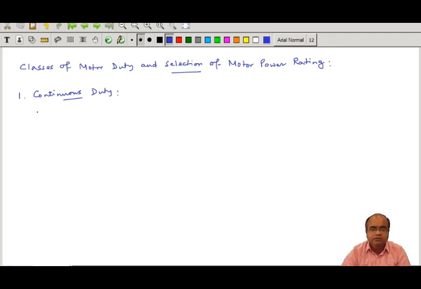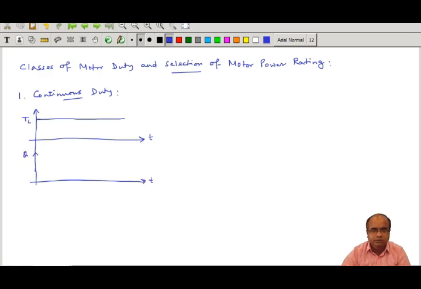That is, if I consider a constant load torque on the machine, this is the constant load torque TL, and the corresponding temperature rise of the machine increases exponentially and finally achieves the steady state value.